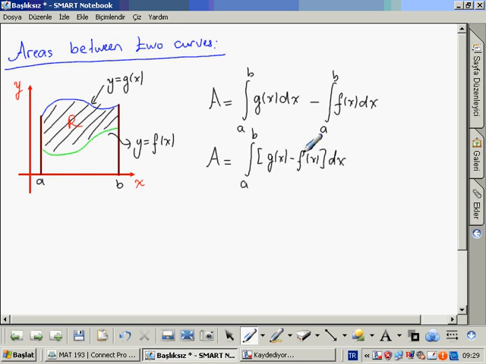It is easy to understand: the upper one you must write first, and the other is the subtracted value, which is under the first curve.